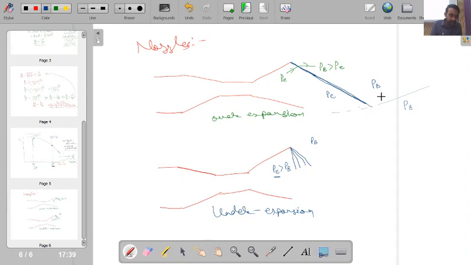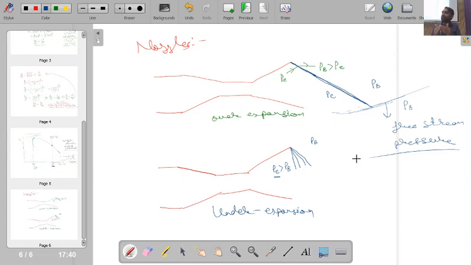Here the pressure is PE and then it becomes PB, and this shock wave is interacting, far away from this section, with a certain boundary, which is nothing but a boundary of free stream pressure condition.